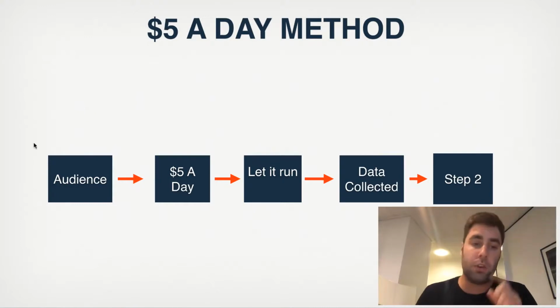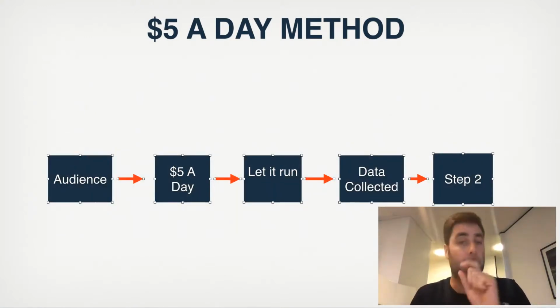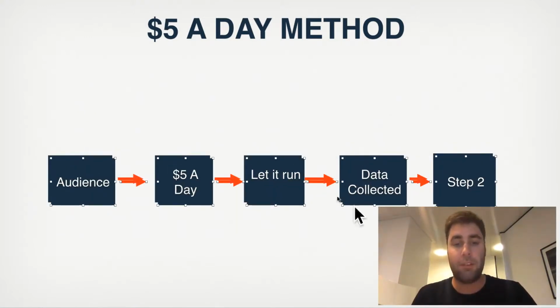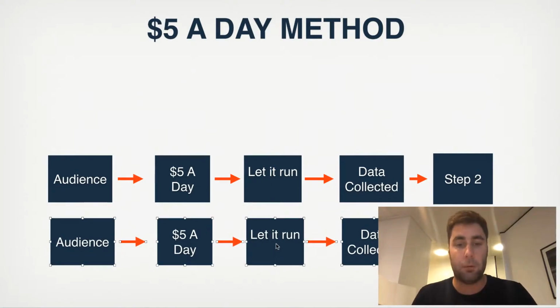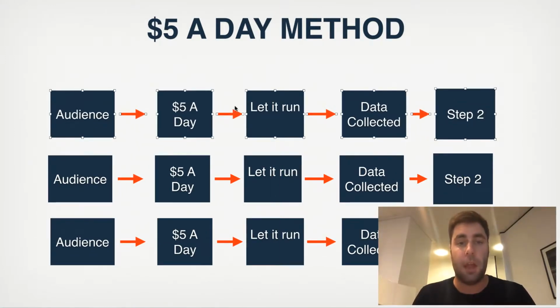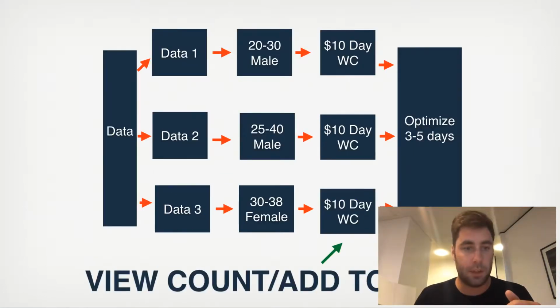And to do it right, you have to be prepared to spend more than $5 a day. You have to be prepared to do multiple ad sets. And what that does is it brings us back to our original methods, and this is either PPE, website conversion, whatever you're doing.